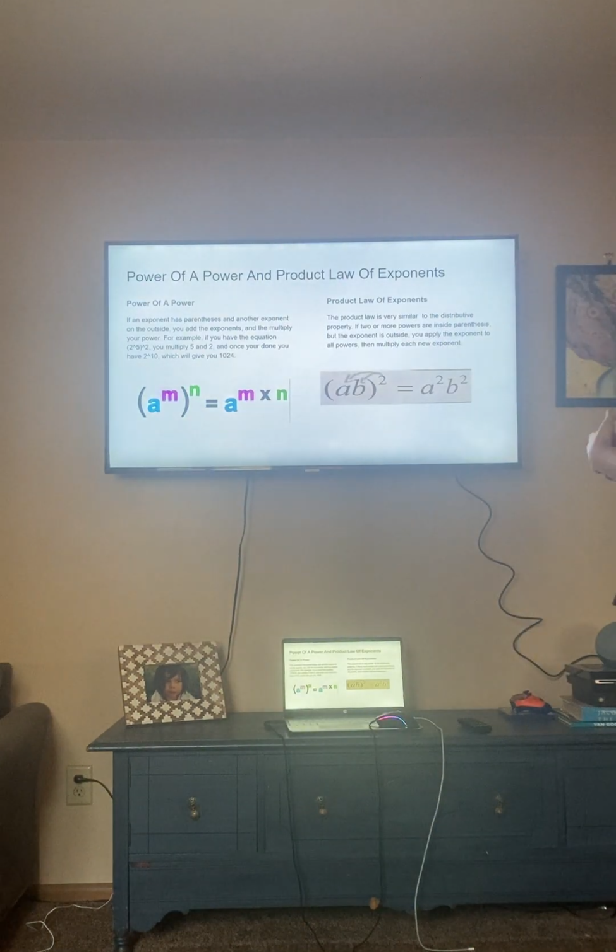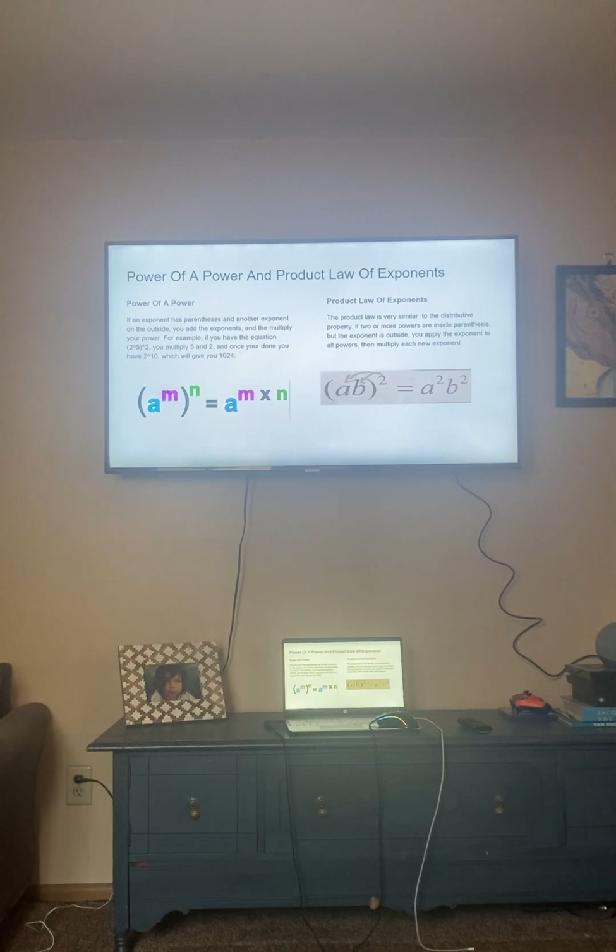So now, power of a power and product law of exponents. If an exponent has parentheses and another exponent on the outside, you multiply the exponents to get your power.